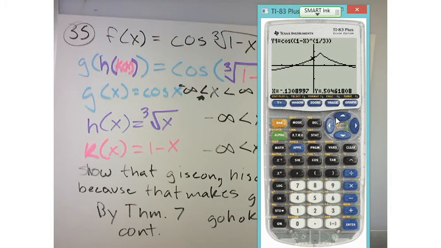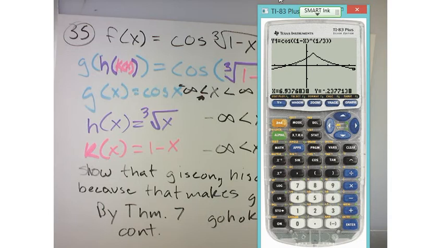So is this continuous? Yeah. And it makes sense, right? If you have a composite function that's continuous and you plug it inside another continuous function, it's going to be continuous. There's no restrictions. Just think about that from a common sense perspective.